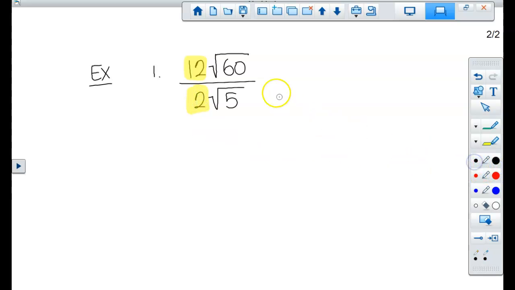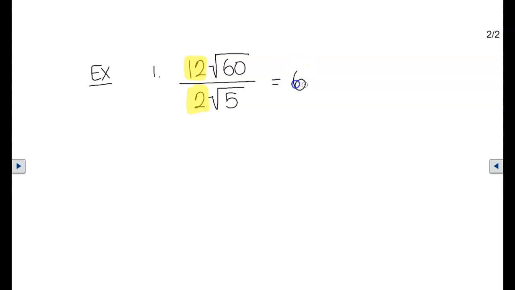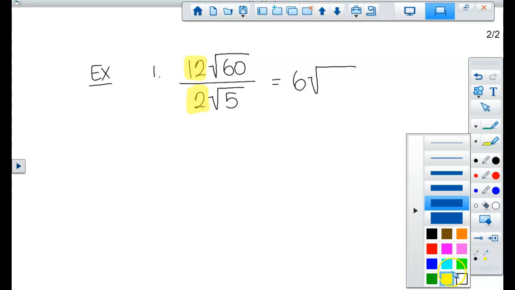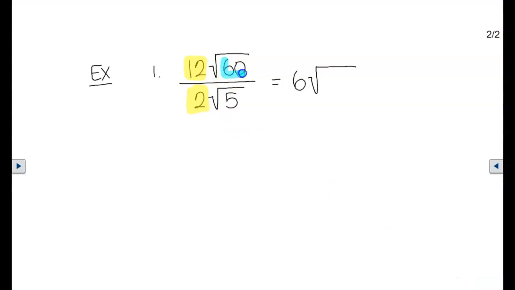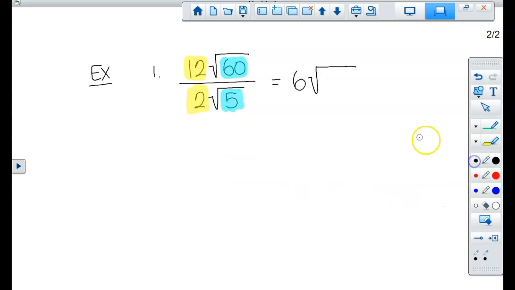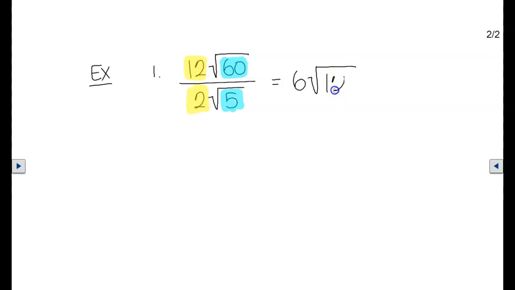And we know that 12 divided by 2 is 6. And then we're going to do the inside divided by the inside. 60 divided by 5 should give us 12. So we're going to end up with an answer of 6 square roots of 12.